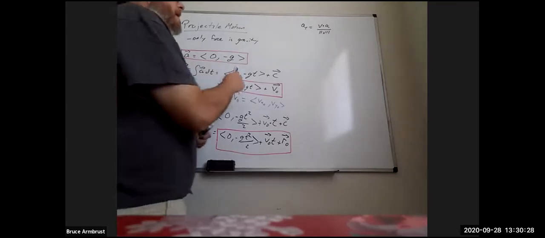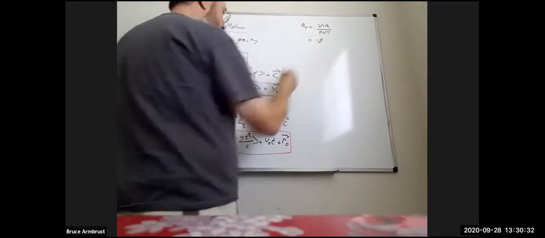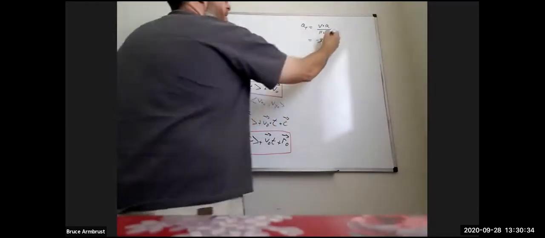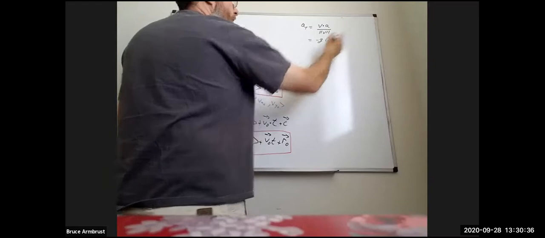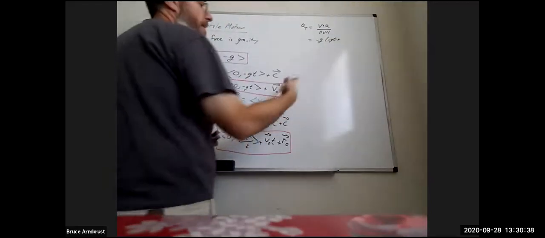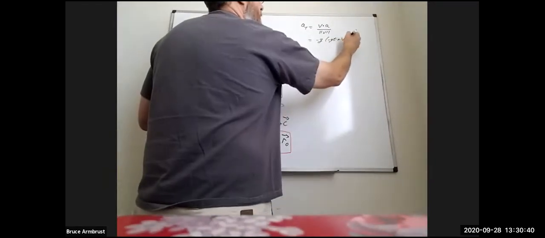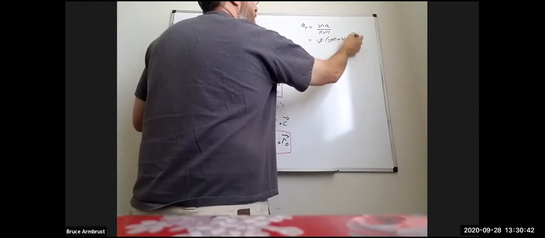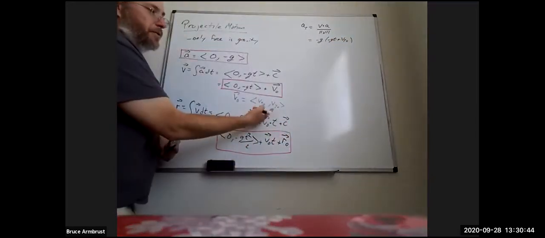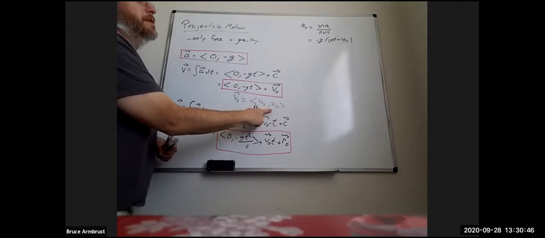But then we're going to get a minus g. So negative g times negative gt, and I'm going to put the plus vy sub 0, because it does matter what that initial component was for us to get v dotted with a. And then we're going to divide by the magnitude of v.